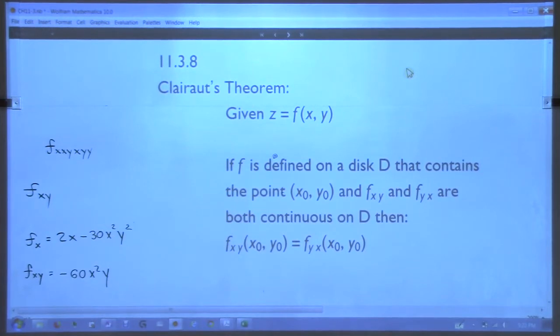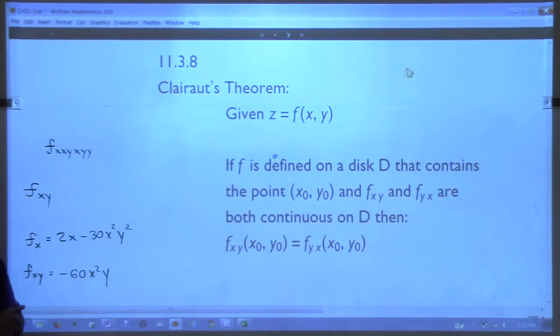The conditions are not that strong. We just need a defined function in that little neighborhood, and the second partials don't go haywire there. Otherwise, they should be the same.